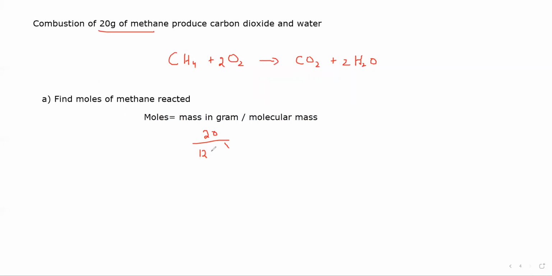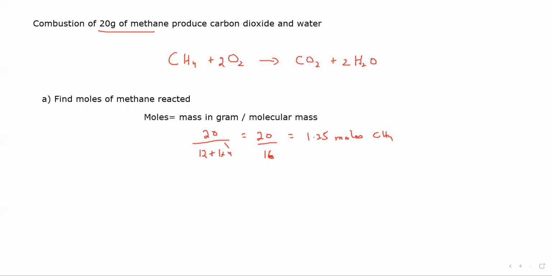So carbon is 12 plus hydrogen is 1 multiplied by 4, so it will be 16. So 20 divided by 16. What's the answer for 20 divided by 16? It is 1.25 moles. So we got the moles of methane, CH4.